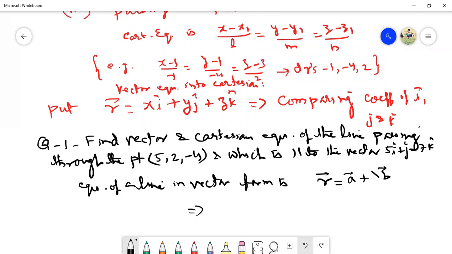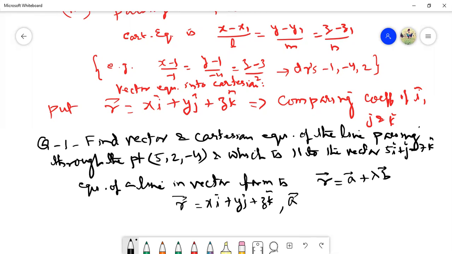No need to write r separately. r is always xi plus yj plus zk. It will not change because this is the general point. And a, what will be the value of a here?